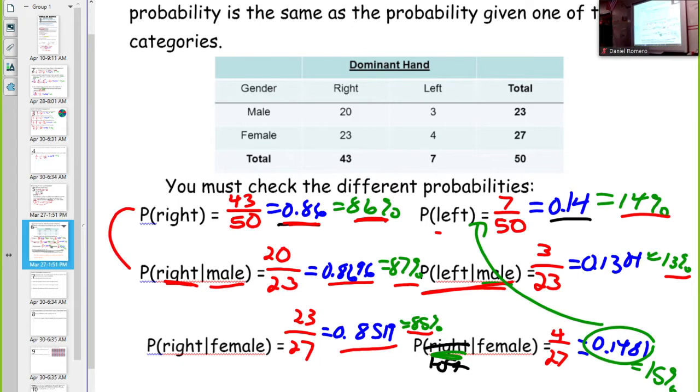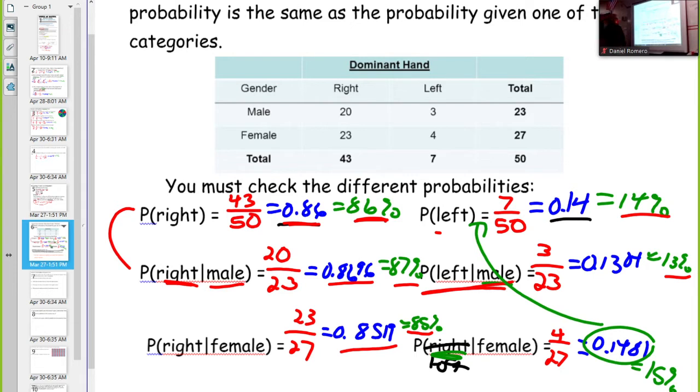Are they equal to each other? It's really, really close: 0.86, 0.8696. Being that nothing in life is absolute, you could even make the argument that they're independent because they're so close together, but technically it's not. You can tell when you round. This one rounds to 86%, that one rounds to 87%.